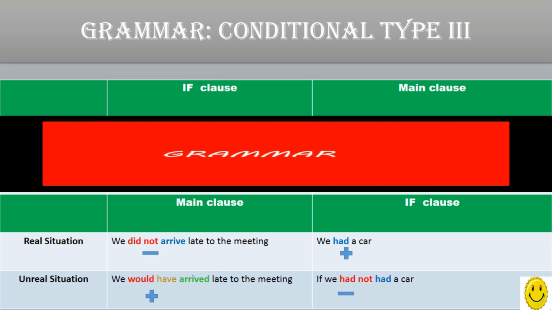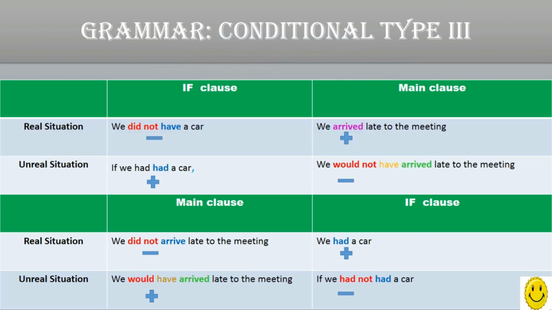Now, maybe you have noticed some plus and minus signs under the main verbs in the if clause and the main clause. Let's go back to part number 1. You see the verb has a minus because it's negative: did not have in the real situation. When we change the sentence to an unreal situation, the verb changes to a positive form. Remember we said they are supposed to be contrary to each other?